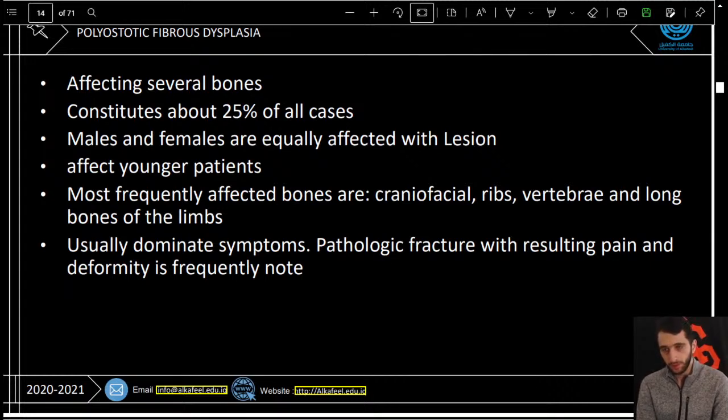Unlike the monostotic fibrous dysplasia, females and males are equally affected.